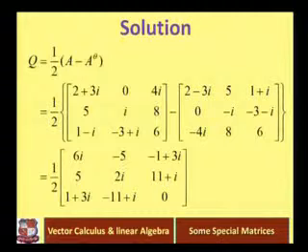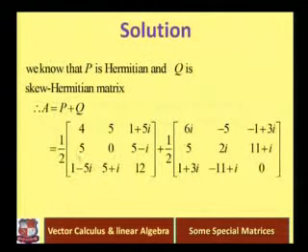Similarly, we find the Q matrix by the equation 1/2 of A minus A theta. So 1/2 into A minus A theta, and the resultant matrix has the form 1/2 times 6i, minus 5, minus 1 plus 3i, and similarly the other entries, and we can easily observe that this matrix is skew Hermitian.